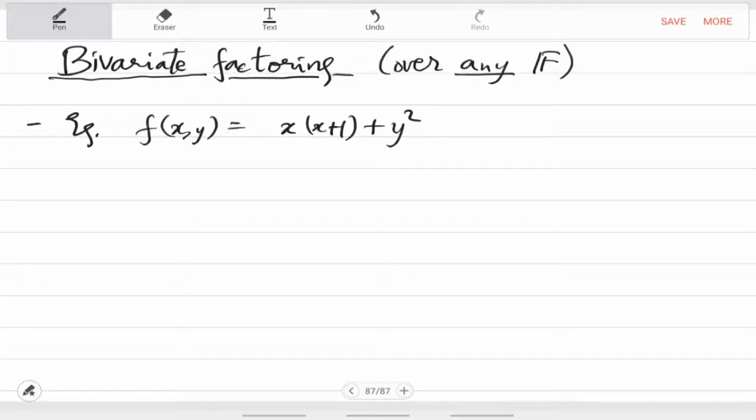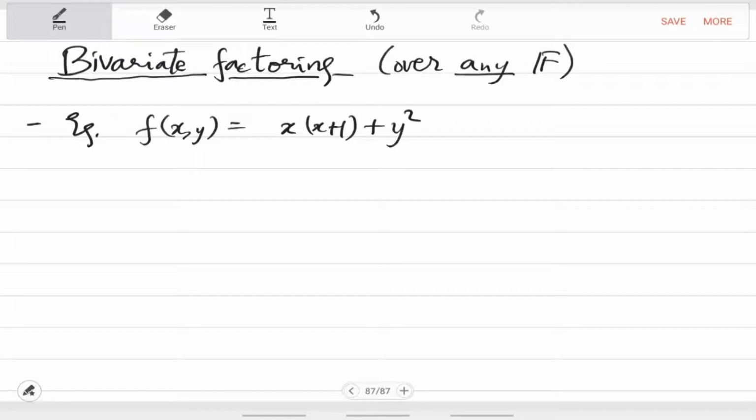Absolute factors. But anyways, what we can do is we can look at it mod y, then we can look at it mod y square, which is actually the same, again x times x plus 1. But then you can go to mod y to the 4. Right, and then it becomes slightly different, because x is not a factor anymore, mod y to the 4.